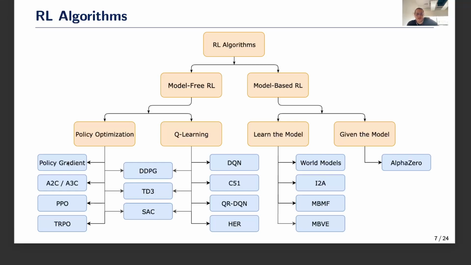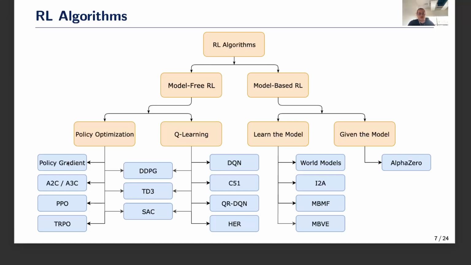A2C and A3C are actor-critic methods with synchronous or asynchronous parallelism. PPO, proximal policy optimization, is a stable policy gradient method used widely in practice.